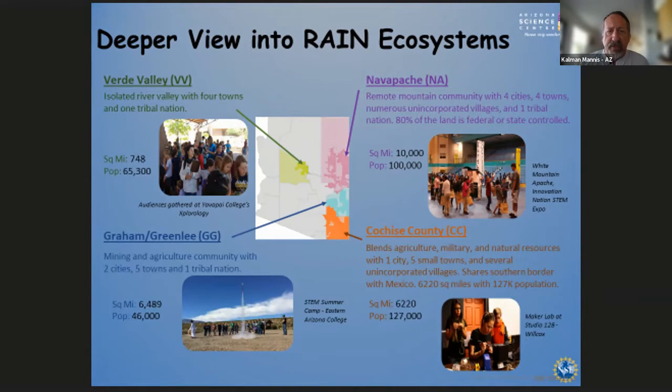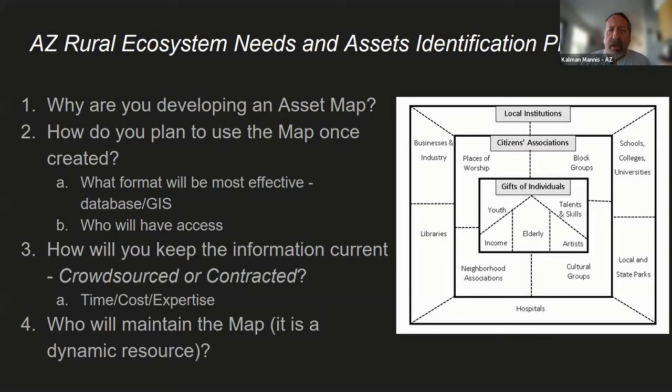So next slide, please. So asset mapping. When we were supporting each of these regions to start their ecosystems, the first thing we did was asset map. And what I have found over the years is a graphic organizer makes conceptualizing so much easier.